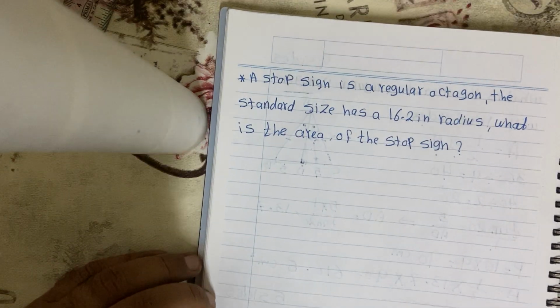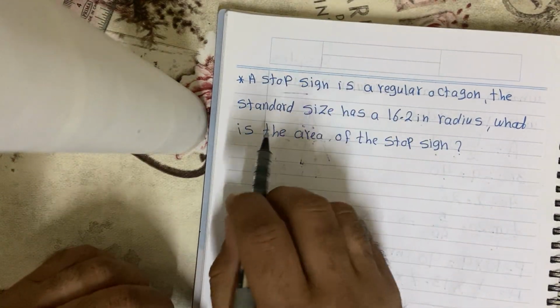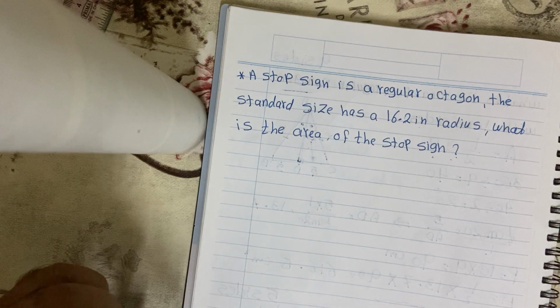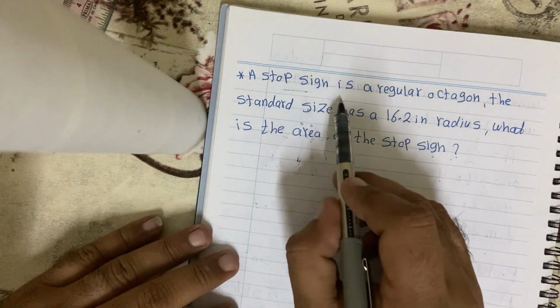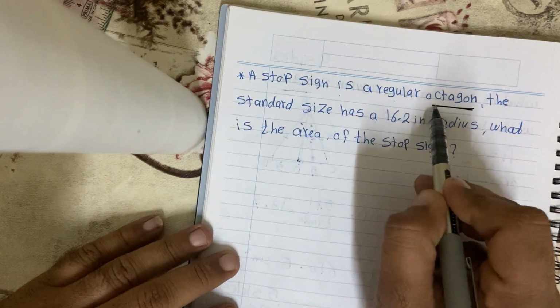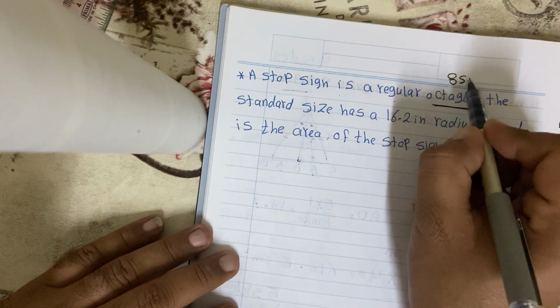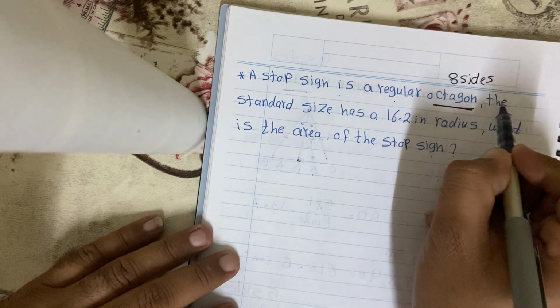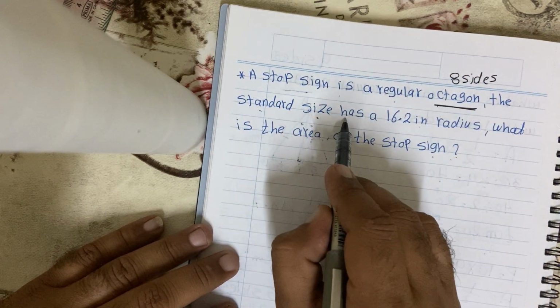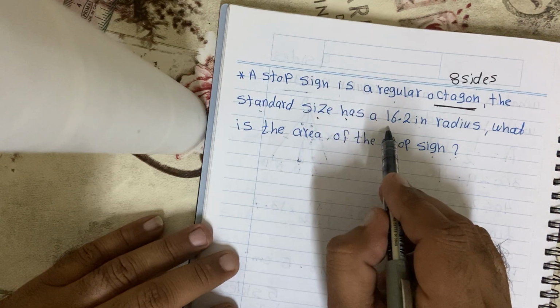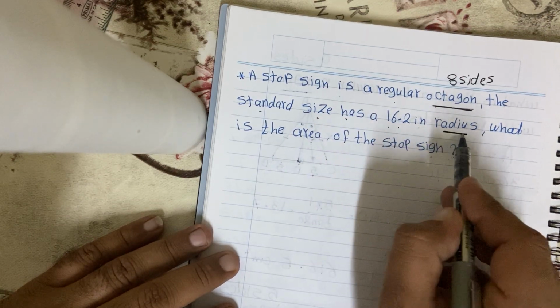Another exercise. Here, a stop sign. You know the stop sign, which we see in the street, is a regular octagon. Octagon means 8 sides, with a standard side having a 16.2 radius.